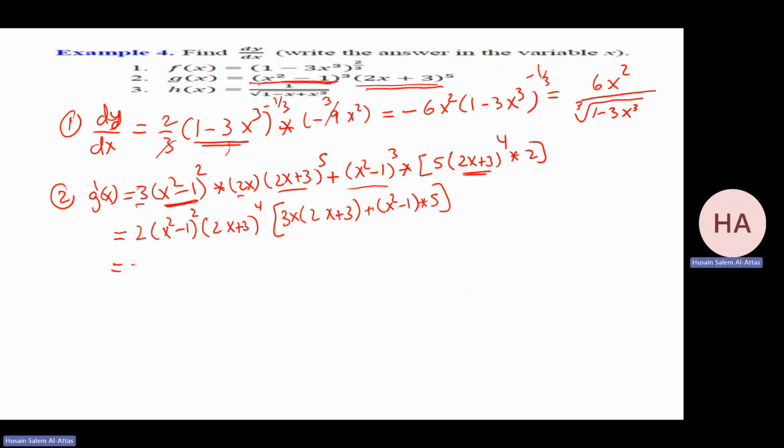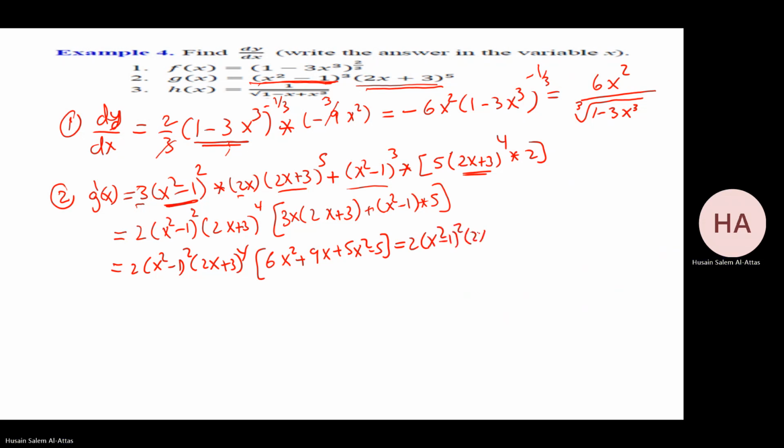That will give us what? 2 times x squared minus 1 squared, 2x plus 3 to the power 4, times what? 6x squared plus 9x plus 5x squared minus 5. In other words, again the same, I have 11x squared plus 9x minus 5.